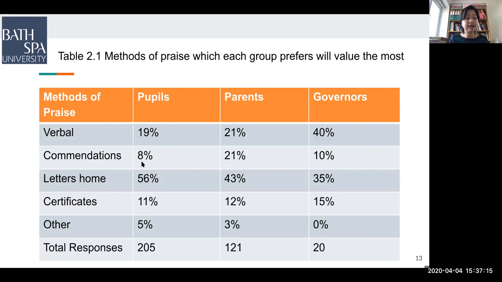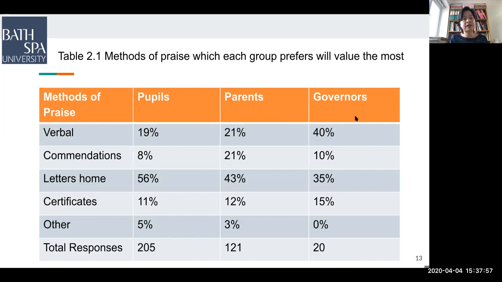But if you want to highlight the major differences, you could highlight them using text, suggesting, for example, among the methods of praise, which each group prefers and values the most. So letters home are found to be the most effective way to praise, and there are many different perspectives: from pupils' perspectives, from parents' perspectives, from governors' perspectives.